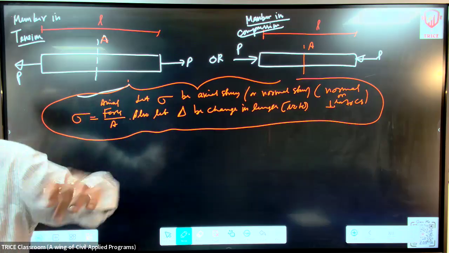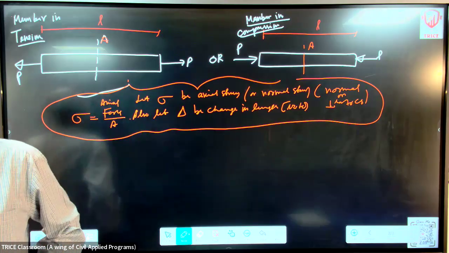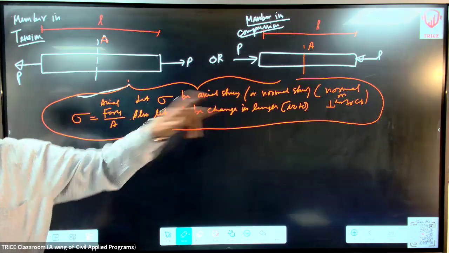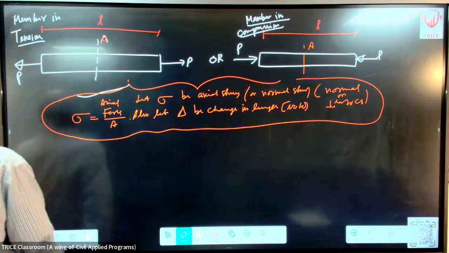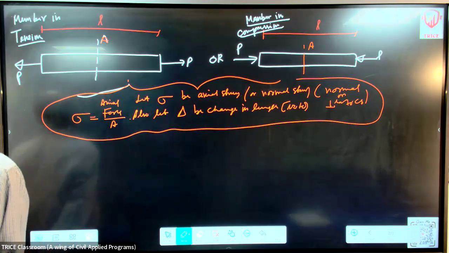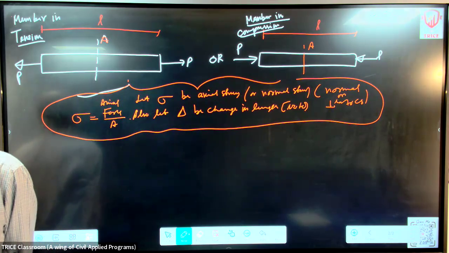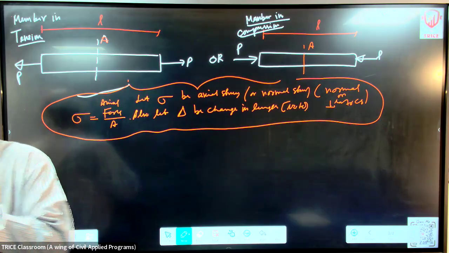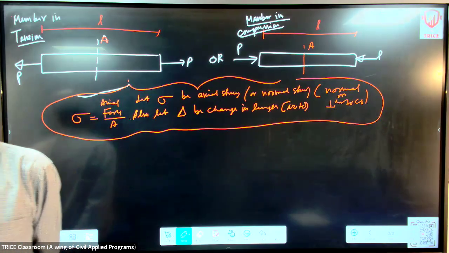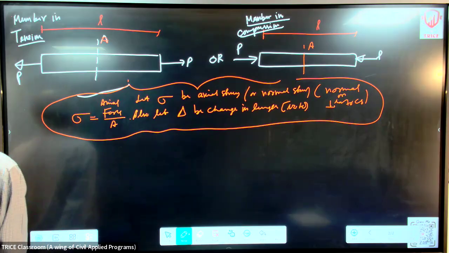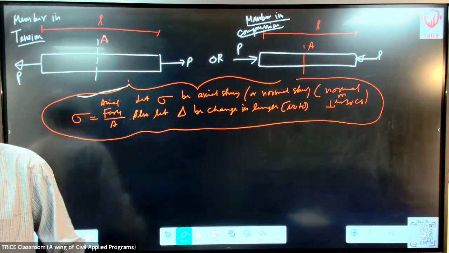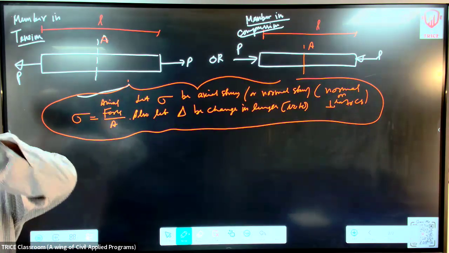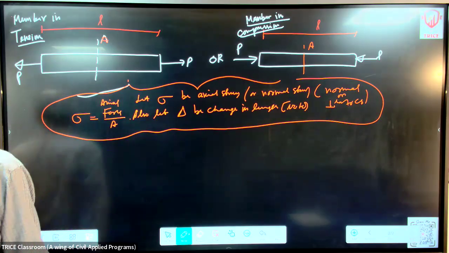Length will increase. Whereas if the member is in compression, length will reduce, or it will get shortened, or contracted. I am telling only once. If anything is not clear, I cannot repeat the things every class. What you have to do is go through the recording repeatedly and understand.